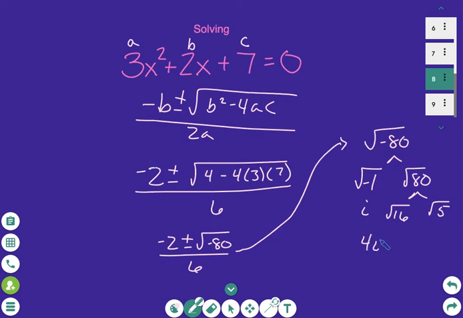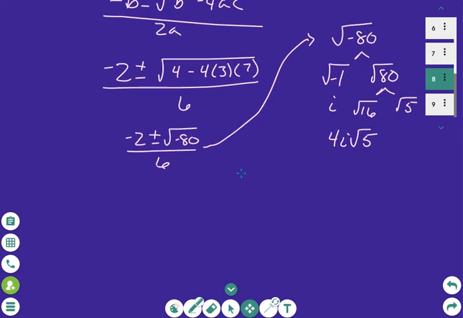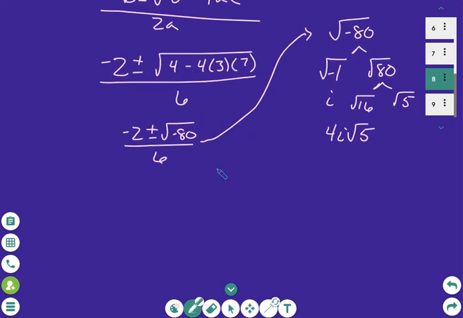So this number could be 4i square root of 5. Now that's handy for us because what that means is I can do negative 2 plus or minus 4i square root of 5 over 6.